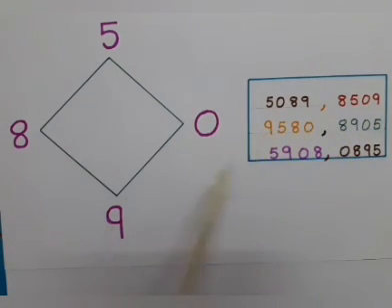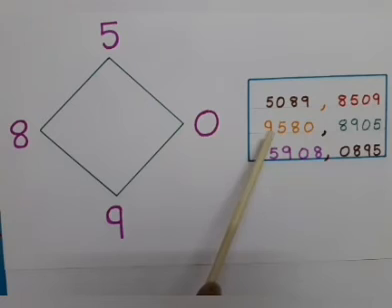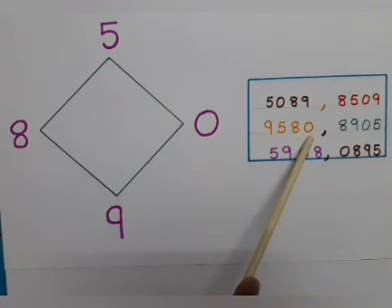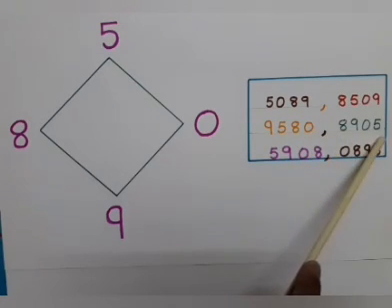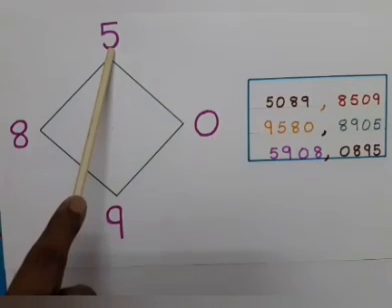Number 9, number 5, number 8 and number 0. So our number is 9,580. Our fourth number. Number 8, number 9, number 0 and number 5.